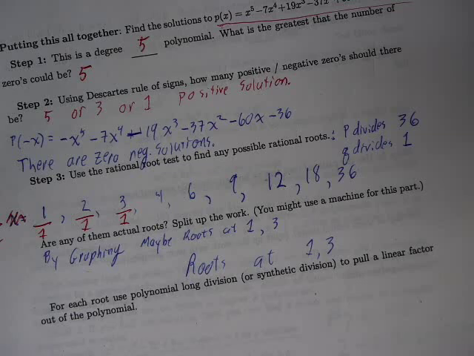Or instead of dividing one at a time, I could just divide in x minus 1 times x minus 3, and then I would only have to do division once with something quadratic. What preferences do you guys have? Would you rather have me do division by a linear thing twice, or division by a quadratic once? I think the quadratics have it, and I did the linear thing in the previous lecture, so I'll do the quadratic thing this time.